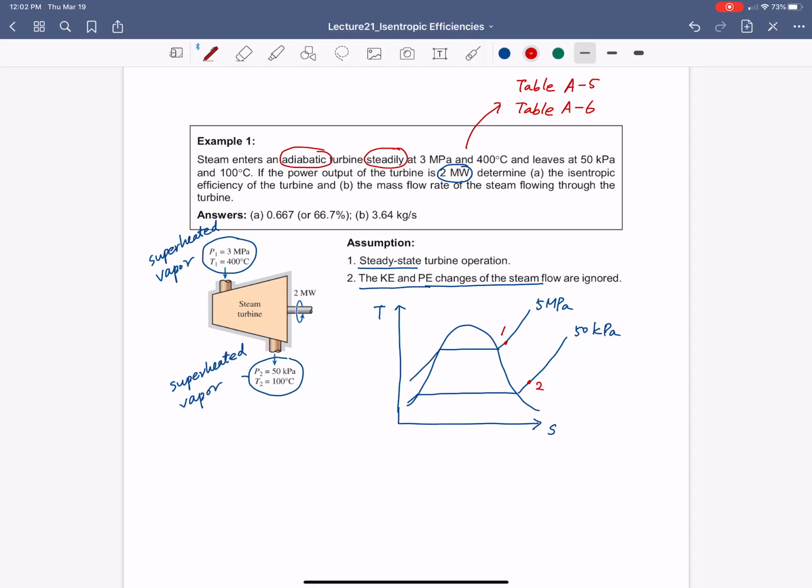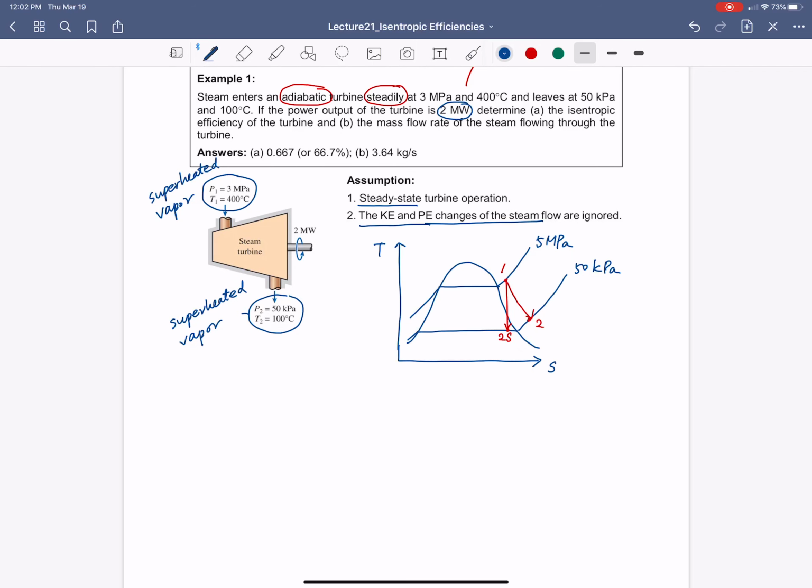A really important thing is that for an adiabatic turbine, which is an actual condition, the entropy at 2 should be bigger than the entropy at 1. So I can draw this arrow from 1 to 2. If you have an ideal turbine, then you should have this vertical line, which I'll call 2S, for a very ideal turbine.